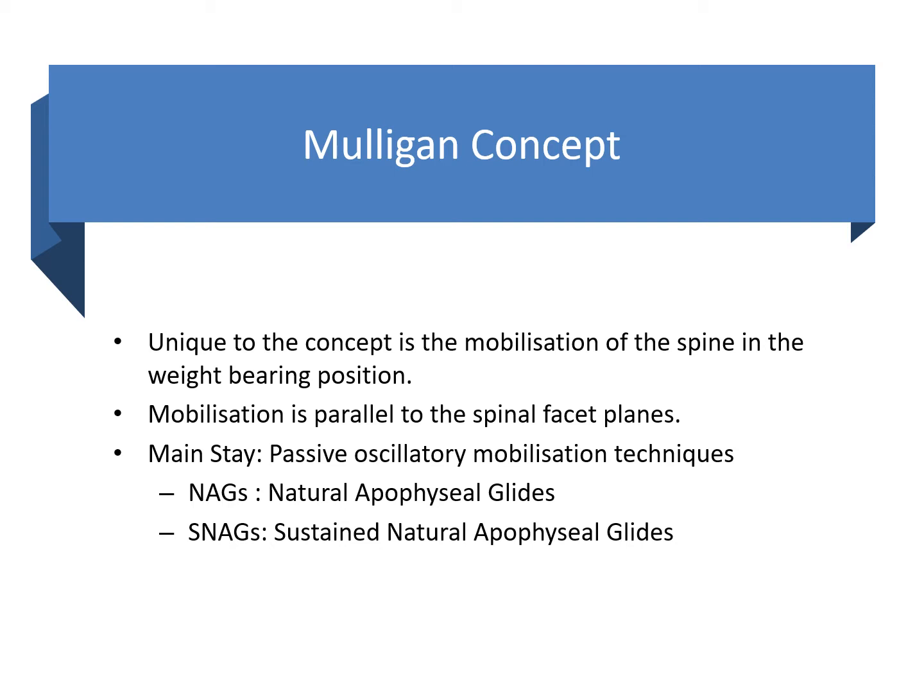The next point is that the mobilization is given parallel to the spinal facet planes. The next point is that passive oscillatory mobilization techniques are given in the form of NAGs and SNAGs. These techniques are very unique and given for the spinal areas. In detail, we will read in the upcoming slides and module.